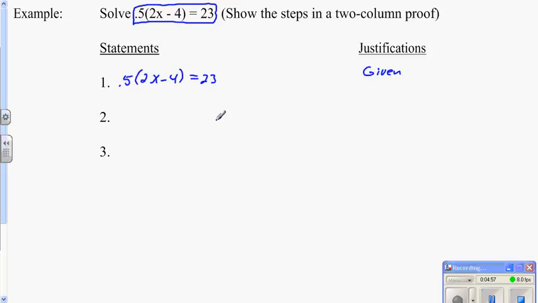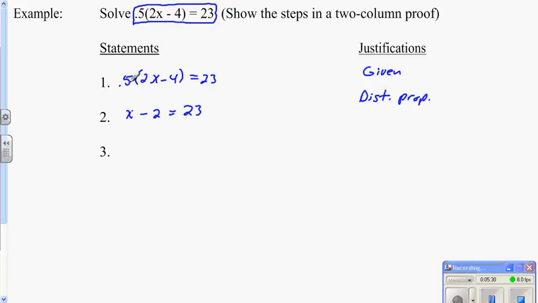And again, there's a couple different ways you can approach this, but we're going to choose this one. 0.5 times 2, or 1/2 times 2 is 1. 1/2 times a -4 is a -2, equals 23. Now what did we just do? We distributed. So our justification is the distributive property. And that's enough. That would be clear enough for me.